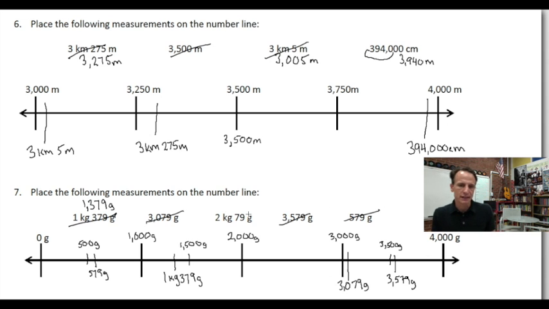All right, now I have 2 kilograms, 79 grams. Let me put that all in grams because that's what my scale is in instead of in mixed units. So 2 kilograms, well, again, 1 kilogram is 1,000 grams. 2 kilograms is 2,000 grams. Very good. So 2,000, and then I have this 79.